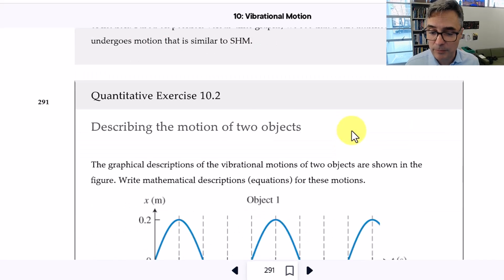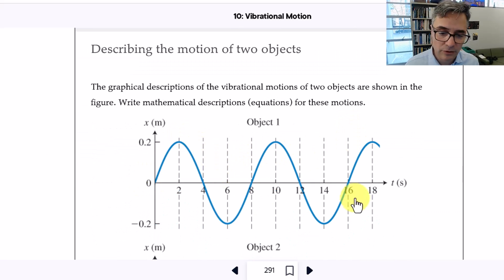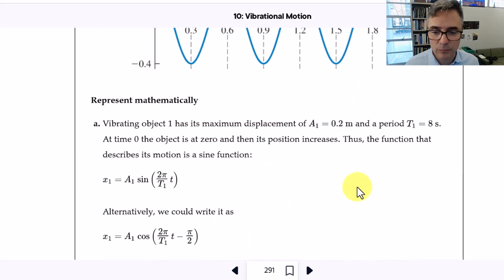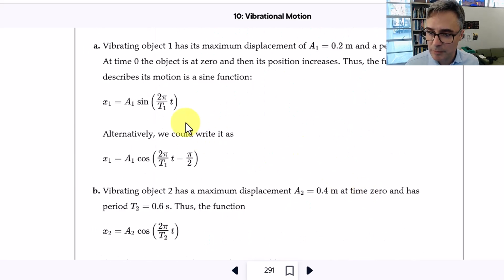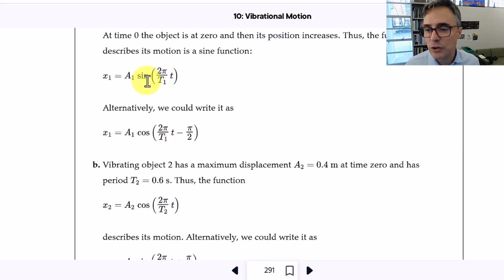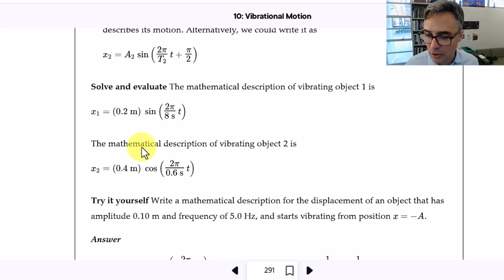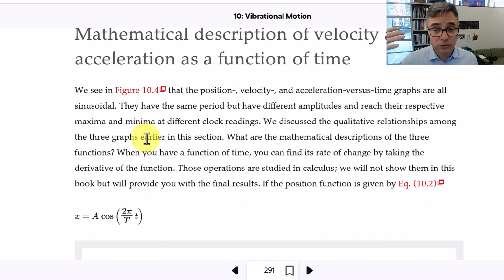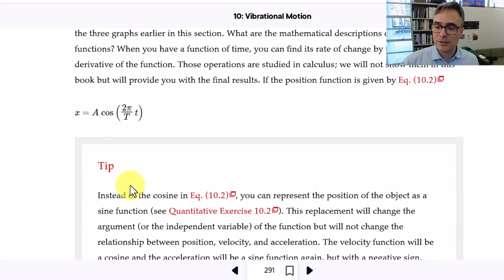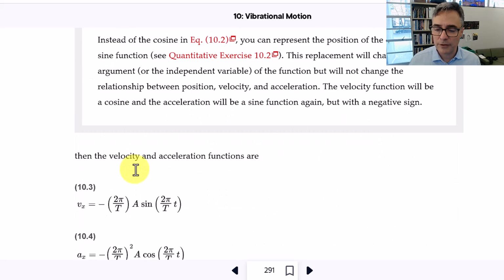That's the mathematical model. And it looks sort of like this, depending on where it starts from. So sometimes people put in a little constant there. I guess you could represent it with sine or cosine, depending on how it starts exactly. And you can also figure out, from this slope, what the velocity and acceleration are.